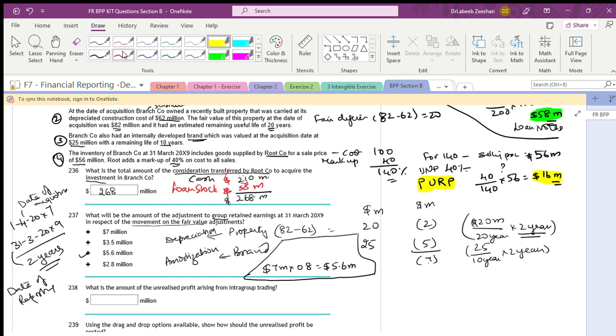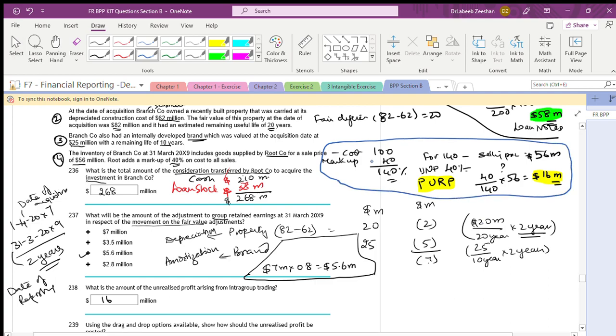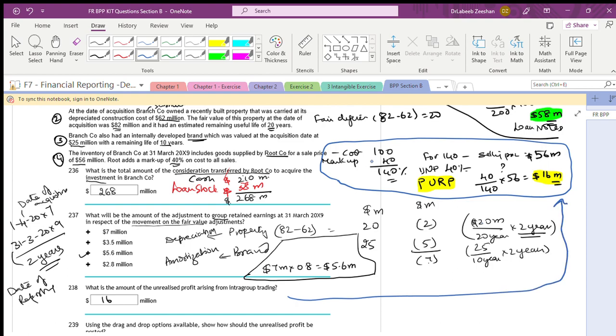How much is the portion of unrealized profit? Portion of unrealized profit is 16 million. See, this is the way. Right? I'm going to put one arrow here for your understanding.